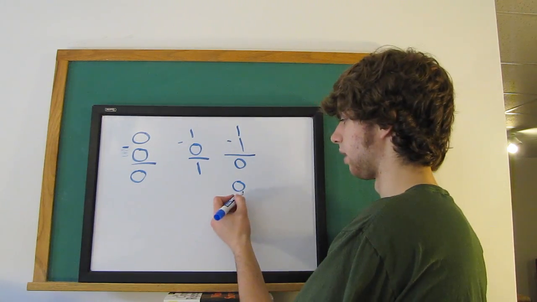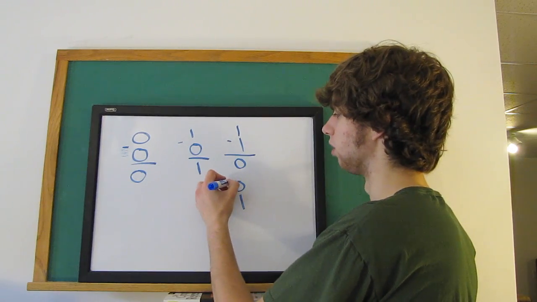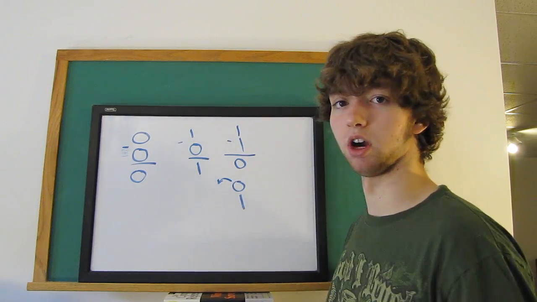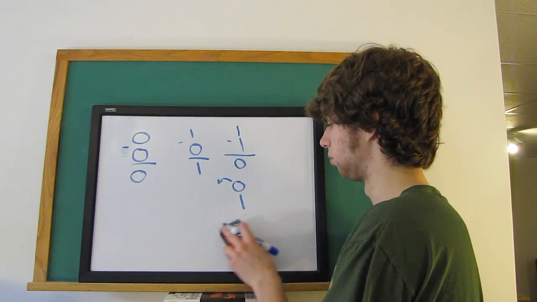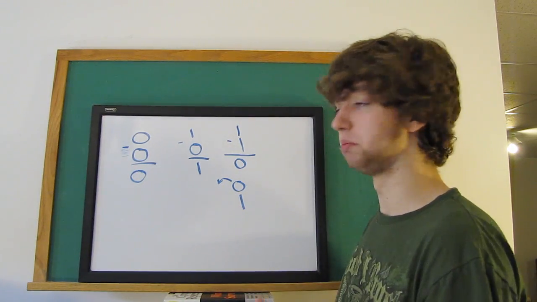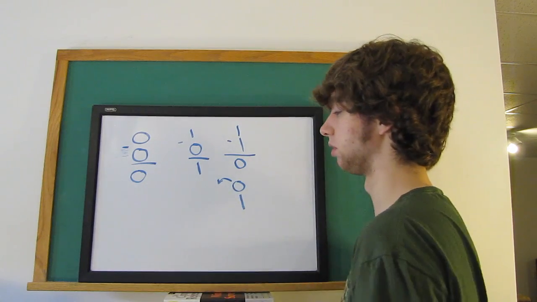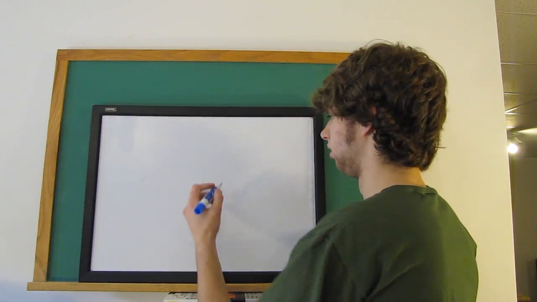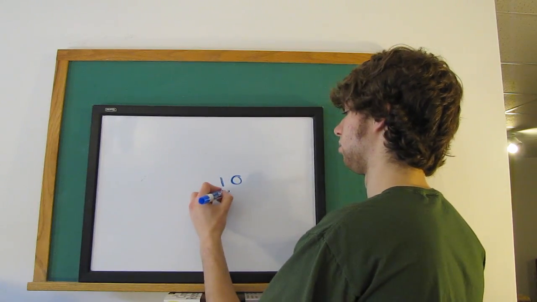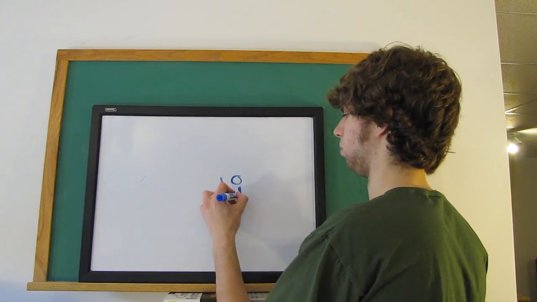So, 0 minus 1, well, we actually have to borrow from the next place marker up because this would give us negative 1, which we're not going to represent here. Let me just give you an example. 1 0 0 1.